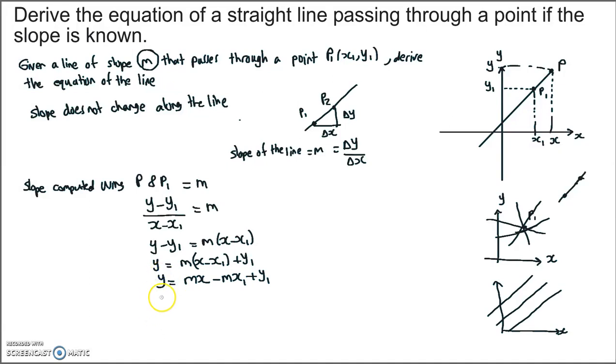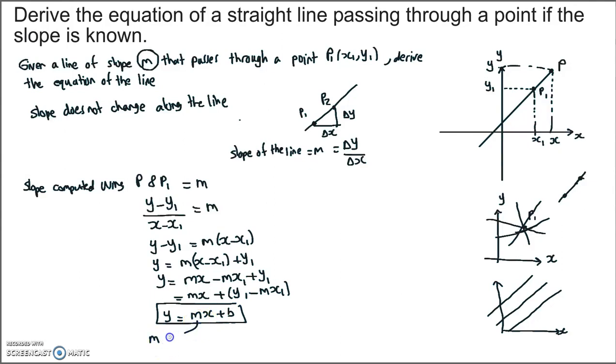And we can rewrite that as mx plus y1 minus mx1. y1 is known, m is given, x1 is given, so this entire term is a constant. So we can write that as mx plus b. So this is the equation of our straight line.